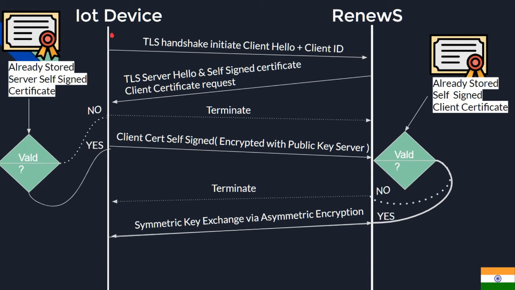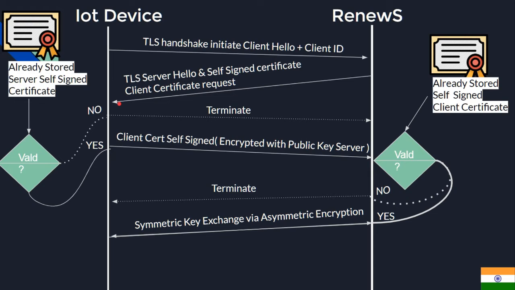First, the IoT device will send a handshake and a client ID, and the Renew server will go through this client ID and all the client credentials over here, and see whether to proceed with the handshake or not. Let's say it proceeds, and it will send a self-signed server certificate, and it will request the client, that is the IoT device, to send its certificate. Okay.